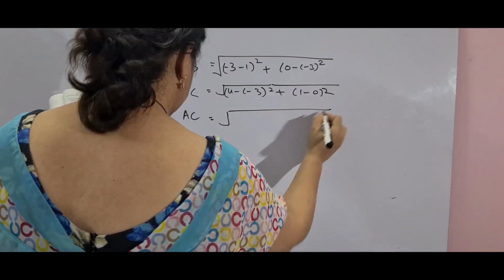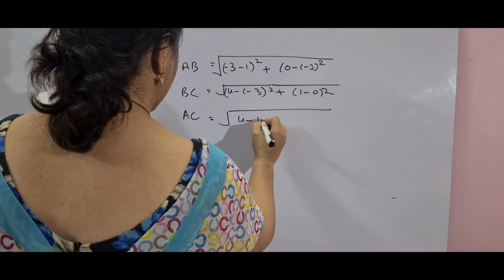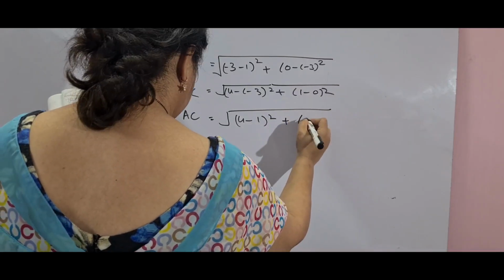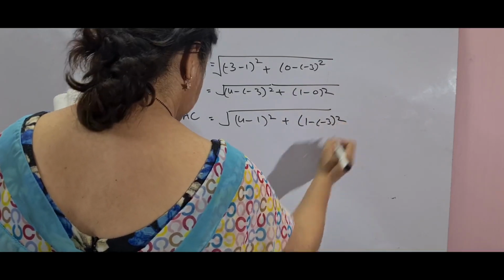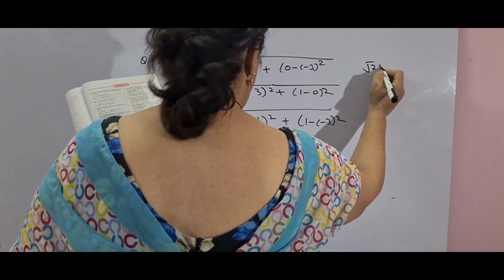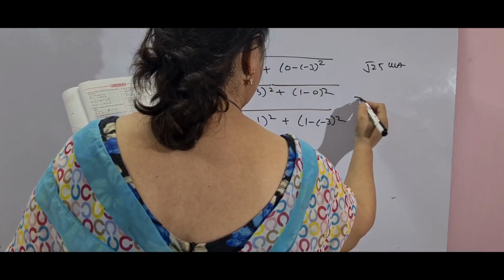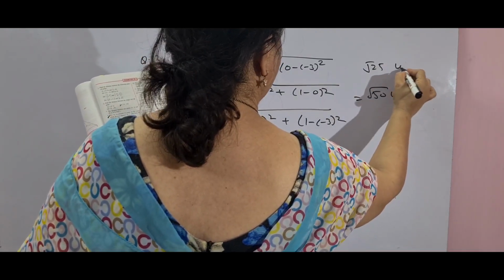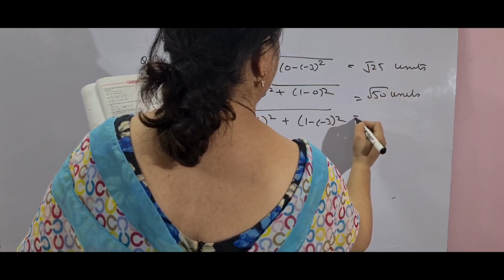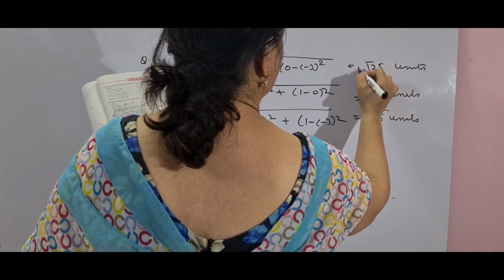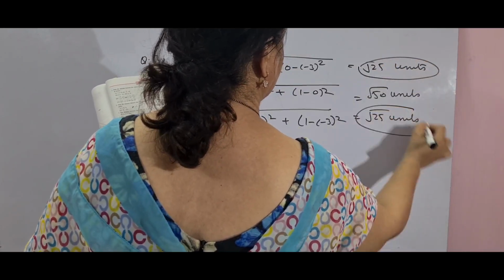And third is AC: 4 minus 1 whole square plus 1 minus 3 whole square. So you are going to get root 25 units, again root 50 units, you write the word units as I am writing, and again root 25 units. So two sides are equal, hence it is an isosceles triangle.